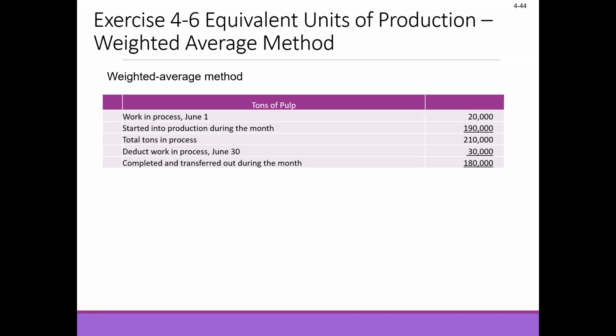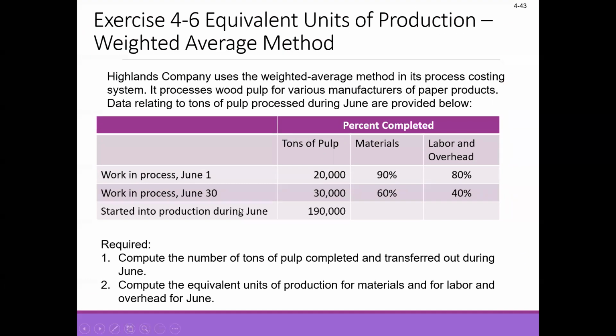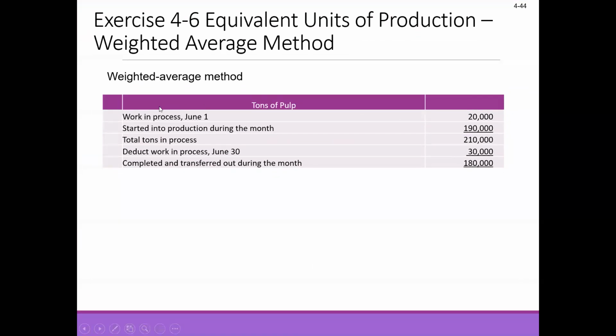So the total tons in process in June are 210,000 tons. We had 30,000 tons still in process at the end of June. So what we completed and transferred out during the month was 180,000 tons of pulp. Okay.